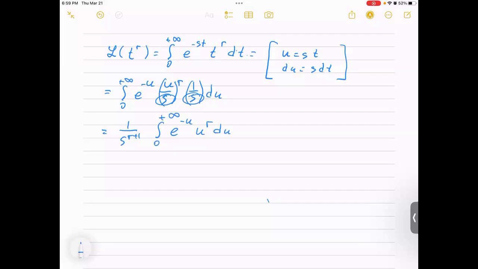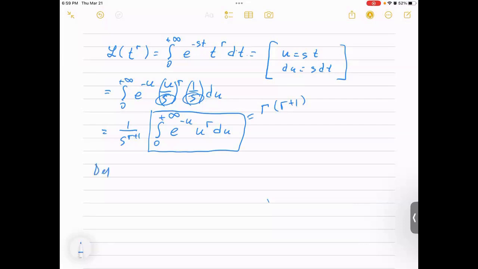Look at this guy. We're going to call that special expression the gamma function, gamma of r plus 1. So let me give a couple of definitions.